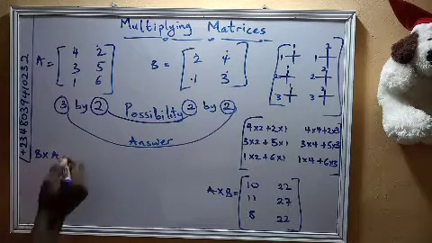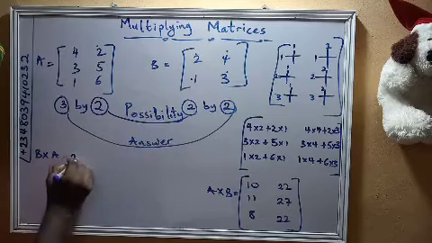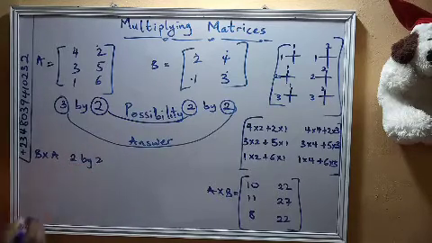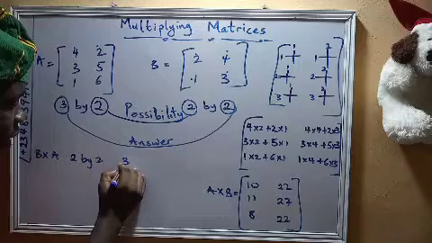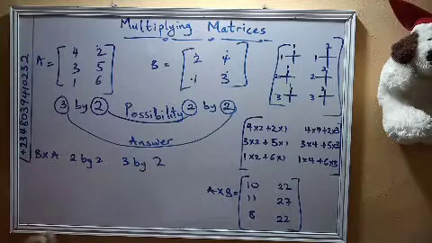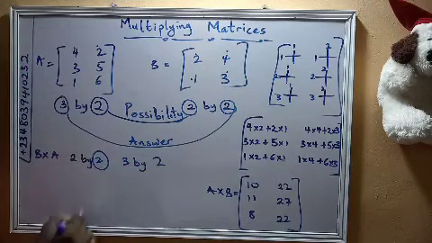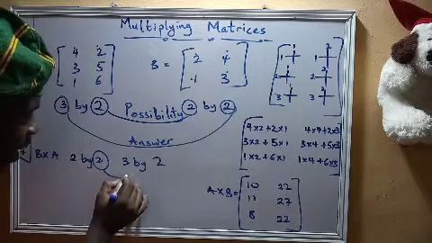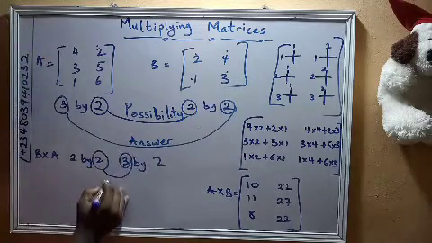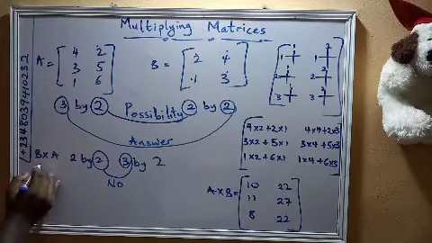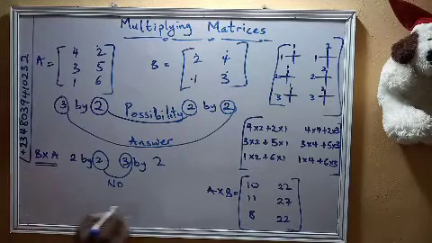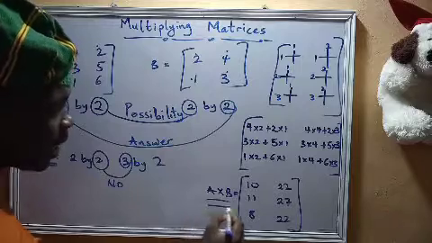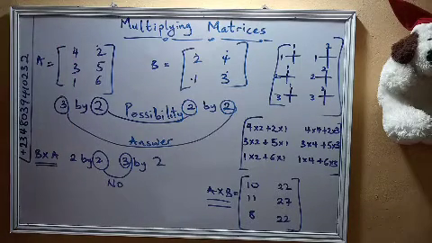Now, B is a 2 by 2, and A is a 3 by 2. Is the column of the first one the same as the row of the second? No. So it is not possible to multiply B times A, but it is possible to multiply A times B.